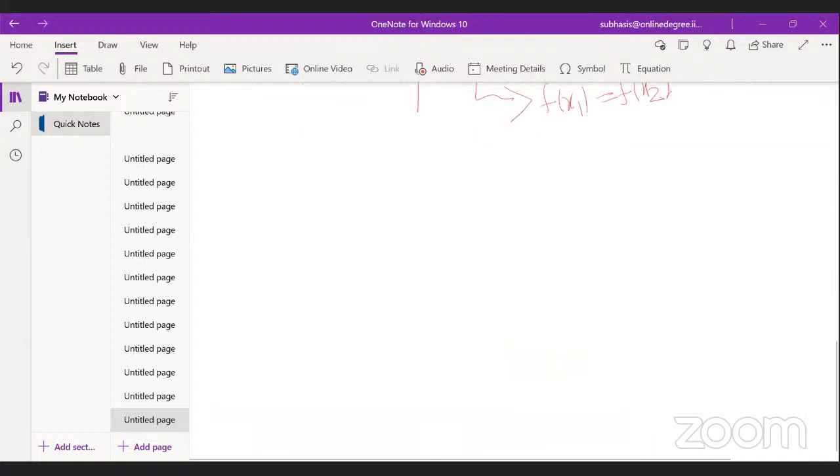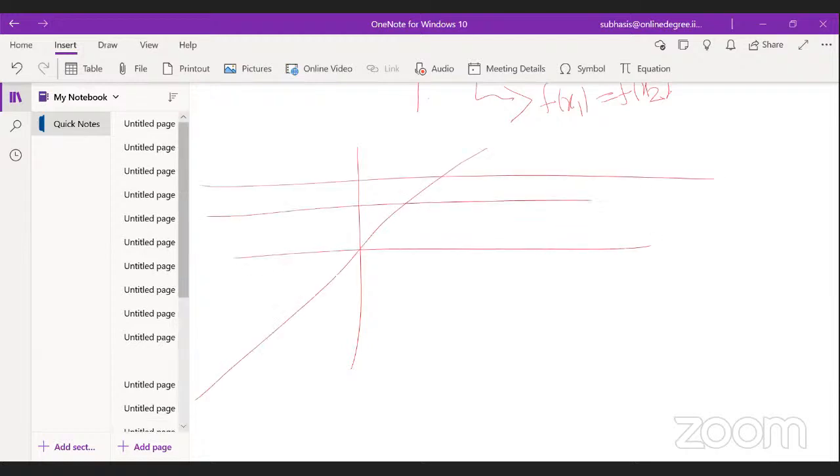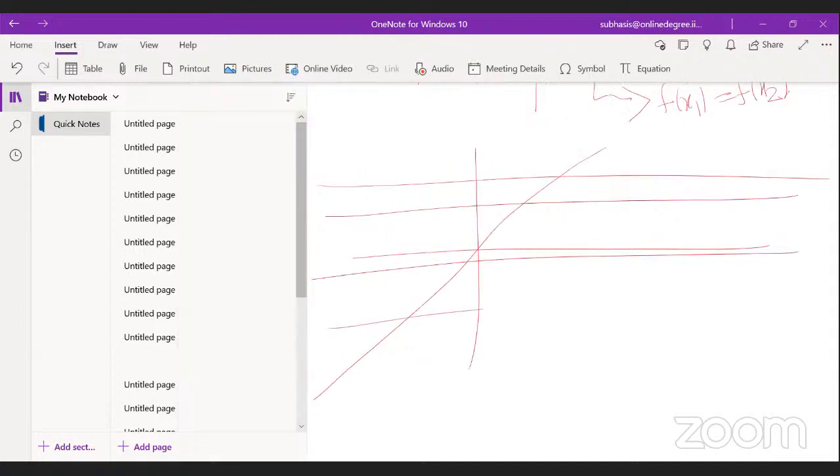Suppose you have a function here, this function. Now you try to draw any line. Certainly it cannot cut the graph at more than 1 point, right? Then this particular function is 1-1.